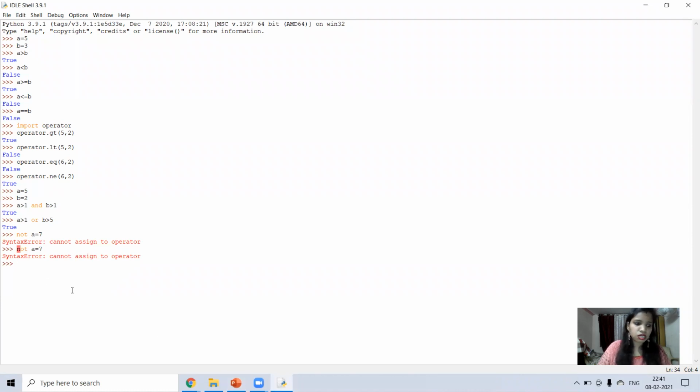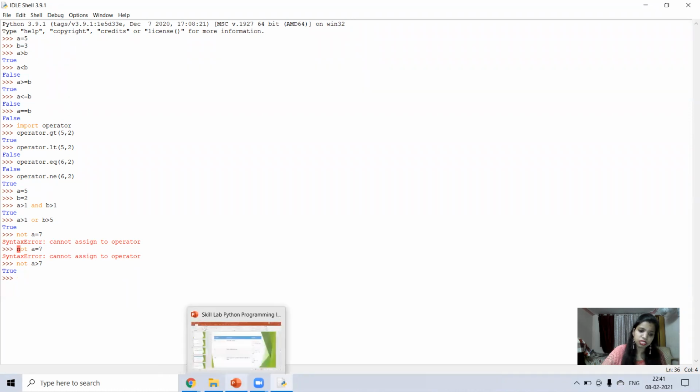Now not a greater than 7 gives True. The equals sign is not for this. Because I am writing not a equals 7, where a is 5, this is a syntax error. So not a greater than 7 means a is not greater than 7, so it is right.